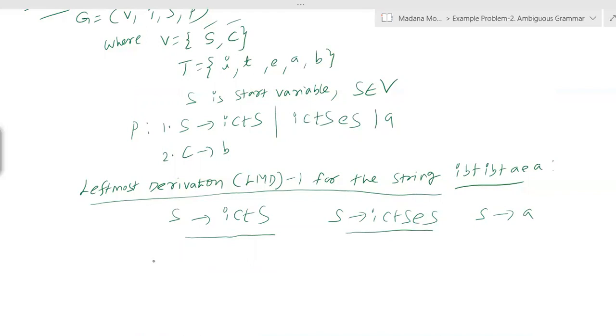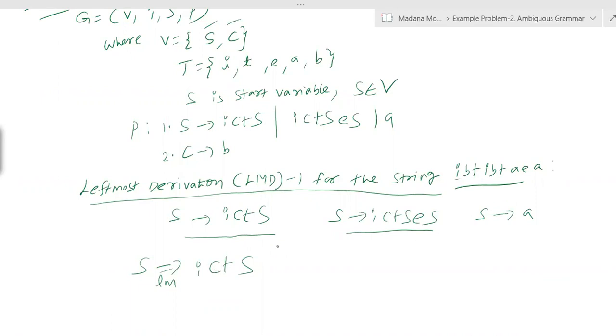So now S derives, we are using leftmost derivation, ICTS. Now you can see our string starts with I. So I already there. Then here two variables are there, C and S. Whenever we are applying leftmost derivation, first leftmost variable is replaced. So C you need to replace. Now in place of C, which one you need to substitute?